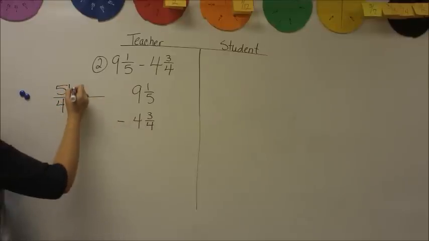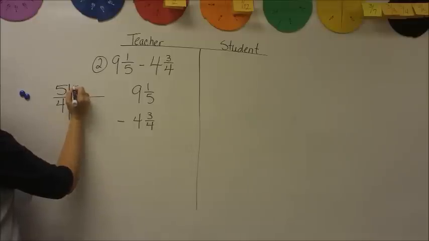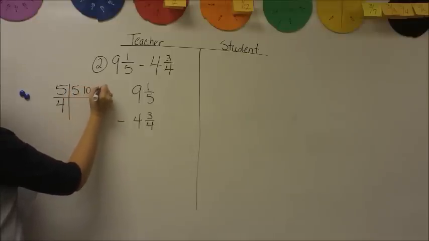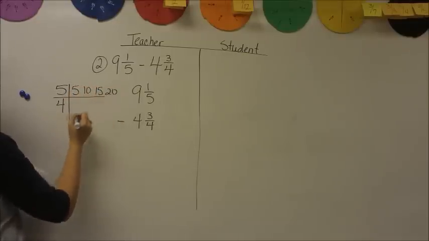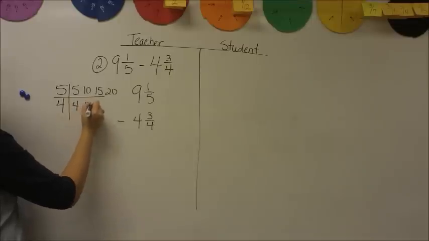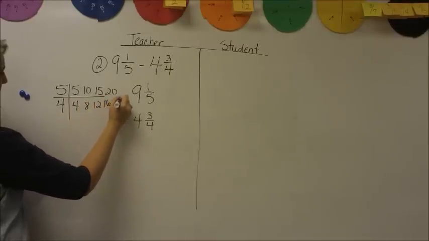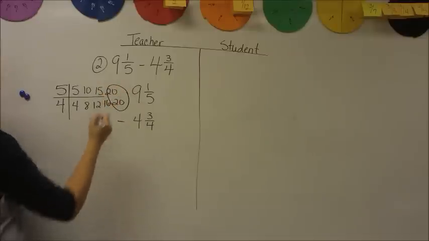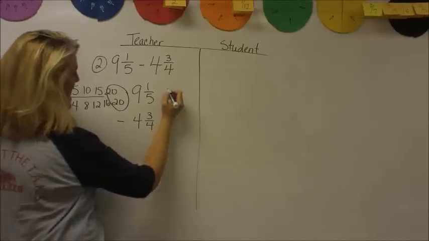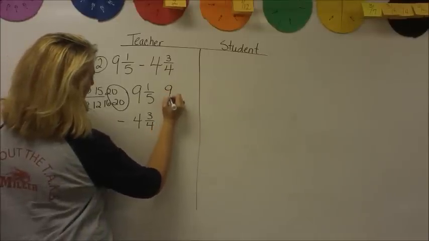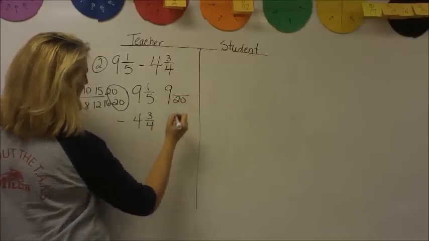And we're going to list our multiples. Count by 5s: 5, 10, 15, 20. 4, 8, 12, 16, and 20. There's my common denominator. So I've got to change these to something over 20.